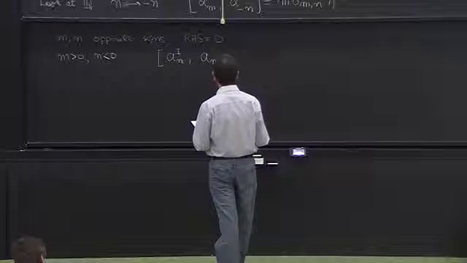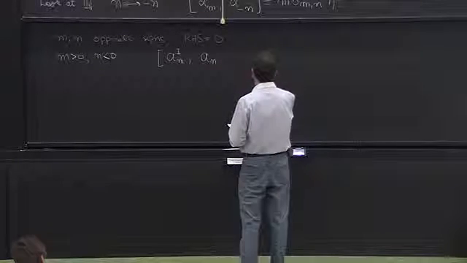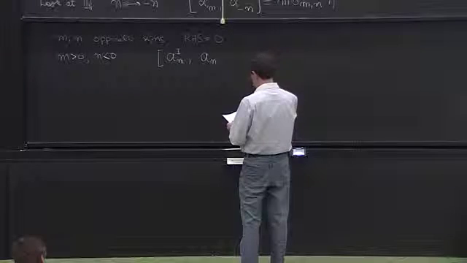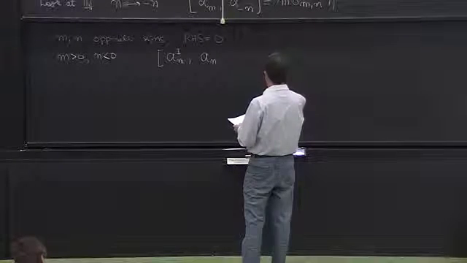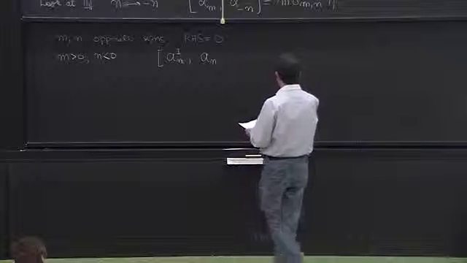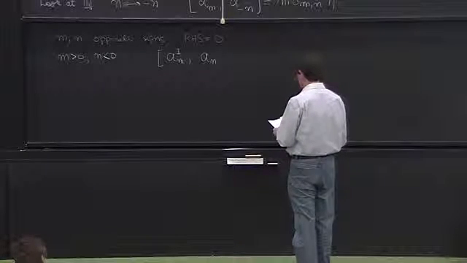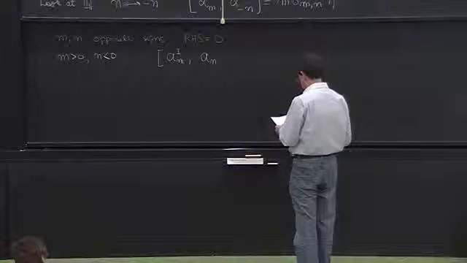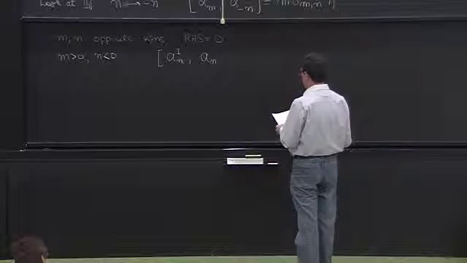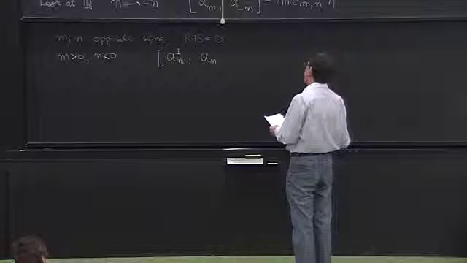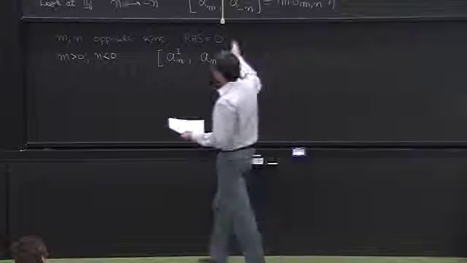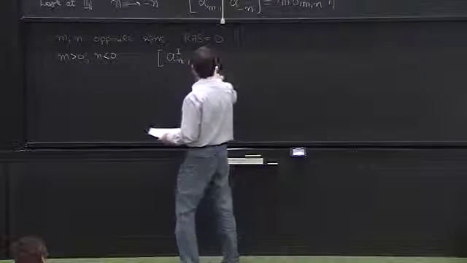I want to show that, suppose m and n have opposite signs. I don't know why I'm getting this a little confused. Okay, I should say it this way.